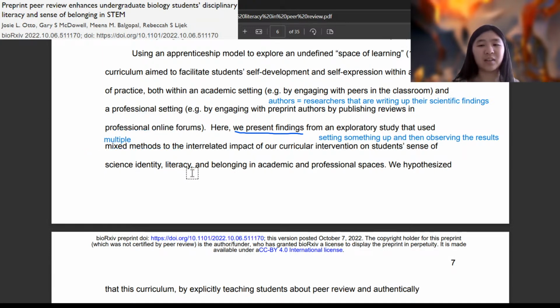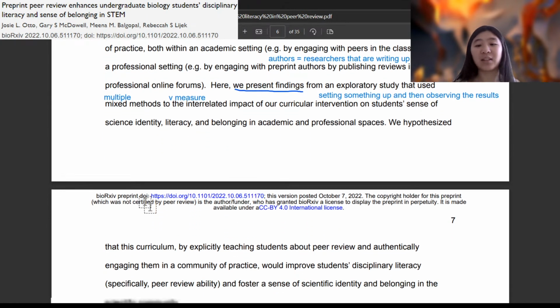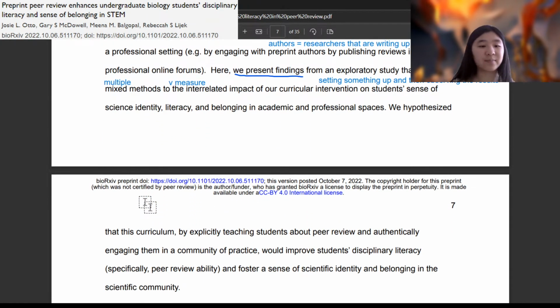Mixed methods to the interrelated impact. I think they're missing a word there. Mixed methods to measure, it should probably be measure, to measure the interrelated impact of our curriculum's intervention on students' sense of science identity, literacy, and belonging in the academic and professional spaces.